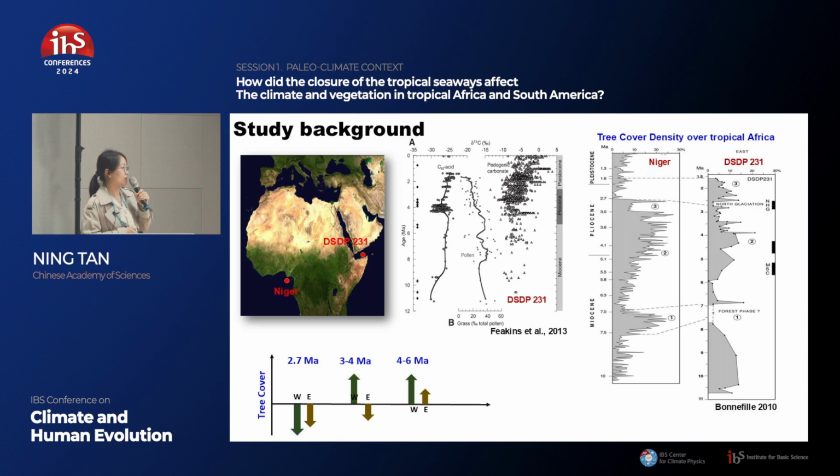But during 3 to 4 million years ago, they were in antiphase. In East Africa, there was intensified aridification. And after the onset of the Northern Hemisphere ice sheets, both regions experienced a decrease of tree cover, and we can see a more obvious decrease in the rainforest.